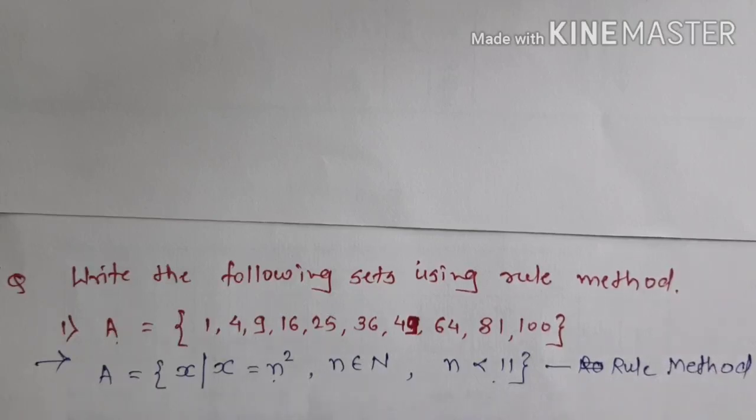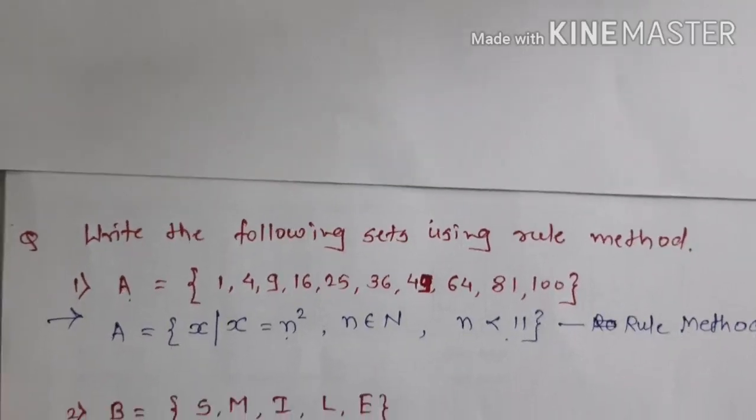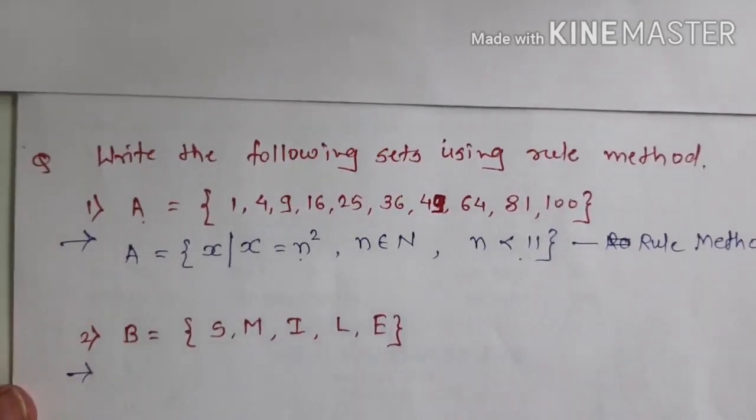We have another problem. B is equal to, in curly bracket, S, M, I, L, E. So in this we have letters S, M, I, L, E, which are the letters of the word smile.